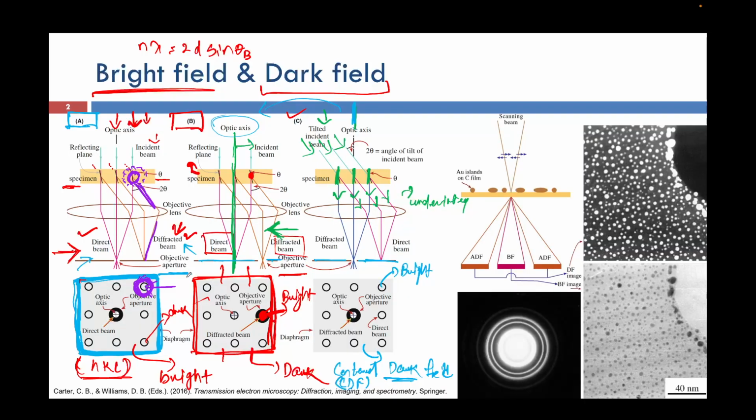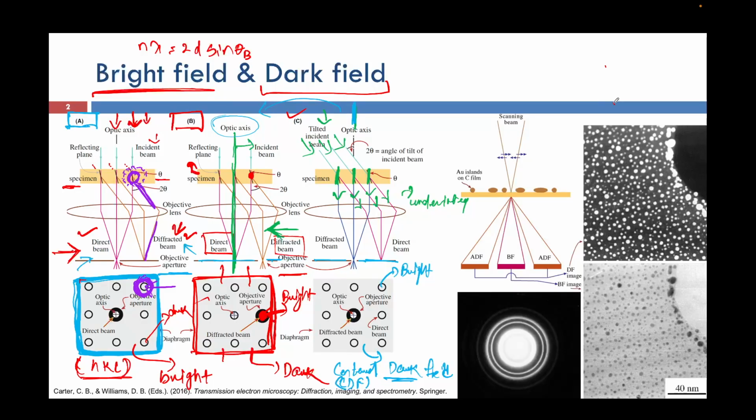Now there is another case that we will see here. Earlier what we used to do, we always used parallel beams. Now if I want to use a very convergent beam, then I can put my detector at any point.